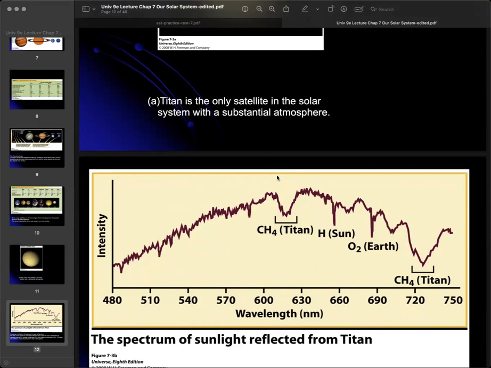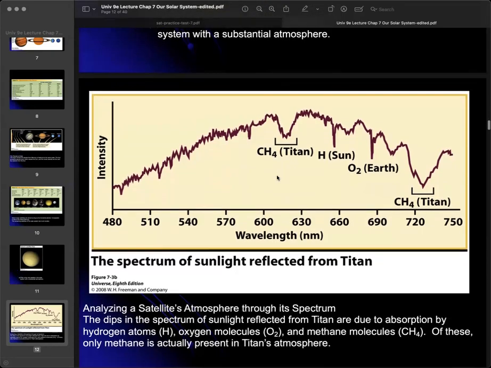Two of them indicate presence of methane. And then there are dips for hydrogen and oxygen. Those are introduced while coming out from the sun and while coming into the earth. But methane is the one that is produced by Titan.